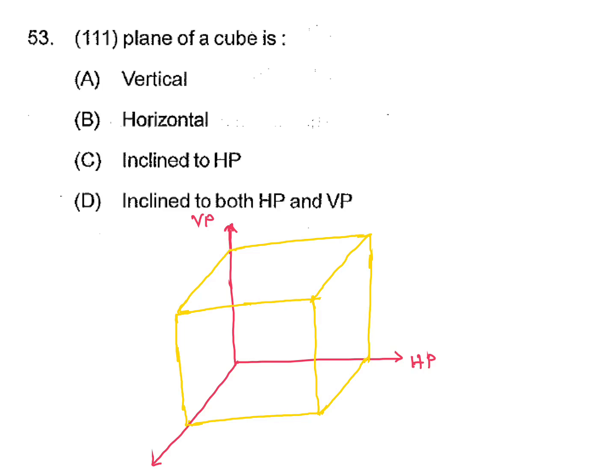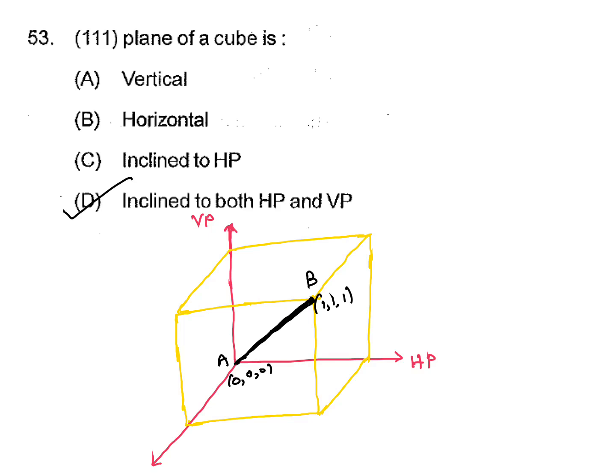So from 0 0 0, if you join, this is the plane. It is inclined to both the horizontal plane and the vertical plane. So D is our answer.